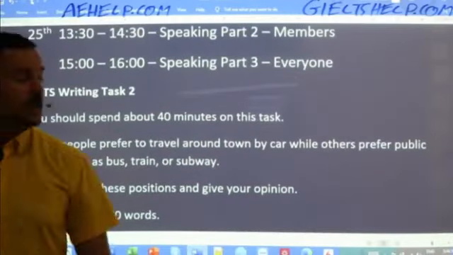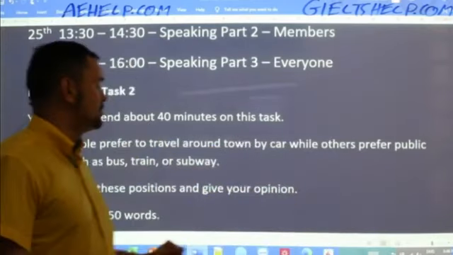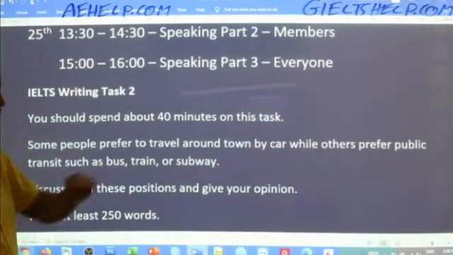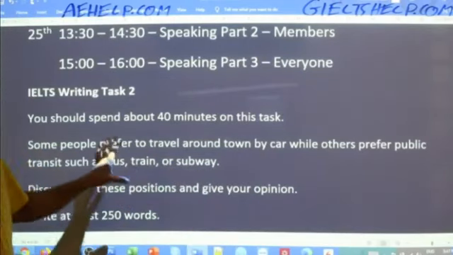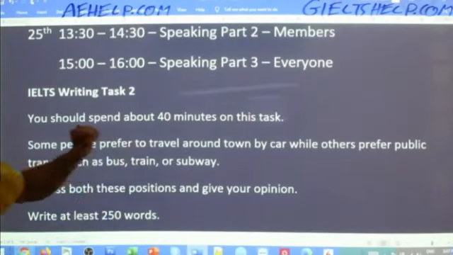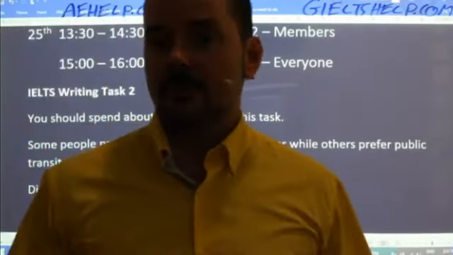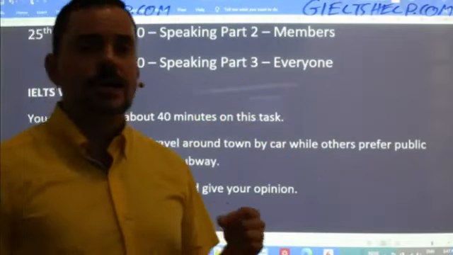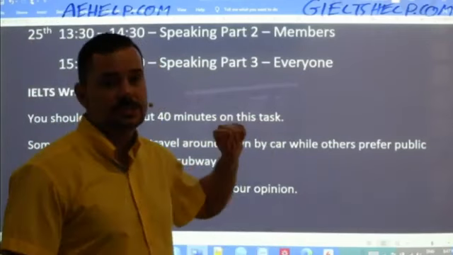It says, some people prefer to travel around the town by car while others prefer public transit, such as bus, train, or subway. Discuss both these positions and give your opinion. This question, nowhere, Lydia, does it ask for the disadvantages, like pollution, for example, for cars. It would not be a good idea to start talking about pollution here because it doesn't ask for disadvantages.